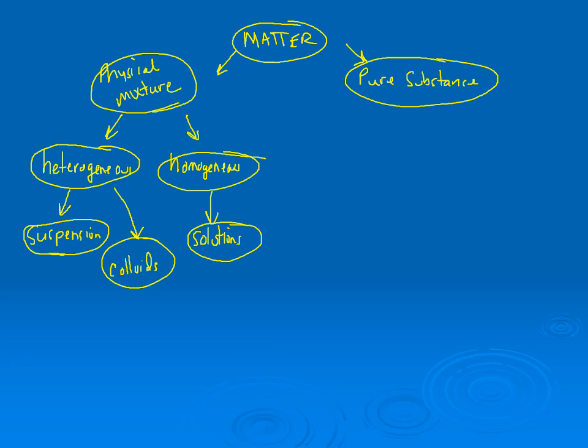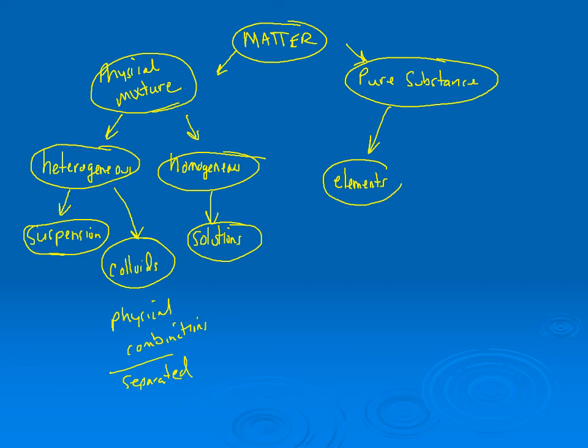Over on the pure substance side, and by the way, this is all physical combinations, and they will all be physically separated. So all physical, so separated. Over here on the pure substances side, pure substances come in the form of either elements, of which there are 118 of them, by the way, or compounds.